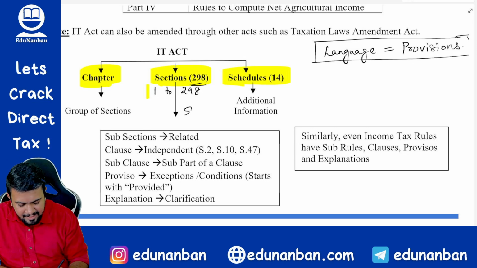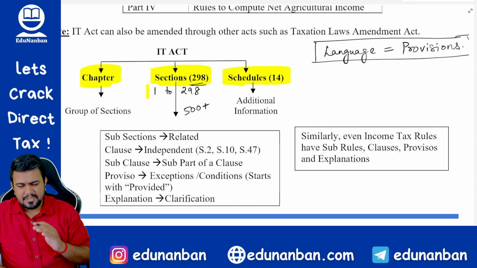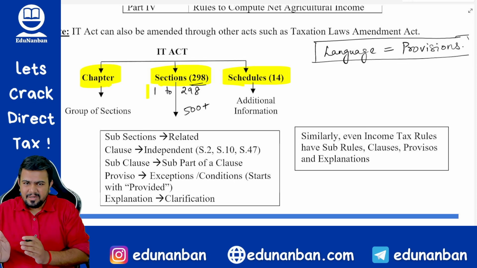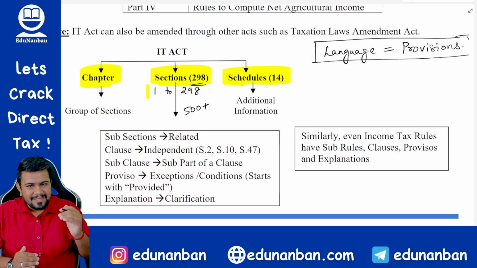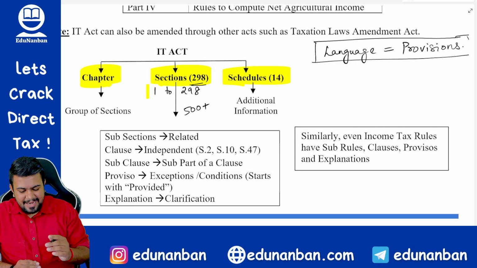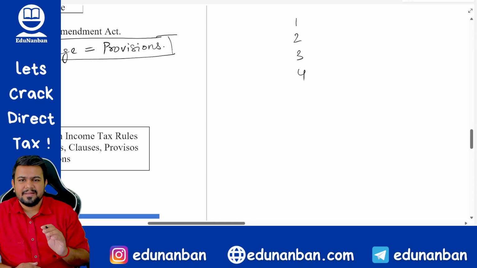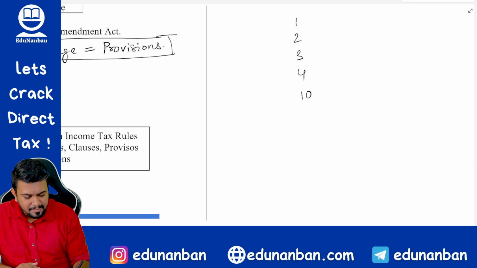There are 500 plus sections in the Income Tax Act. Sir, but the number is from 1 to 298. How can there be more than 500 sections? Answer is because it is not necessary that the numbering is only 1, 2, 3, 4 like that. The number can also be like 10, 10A, 10AA, 10AAB.